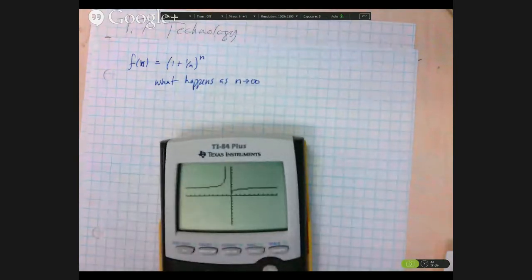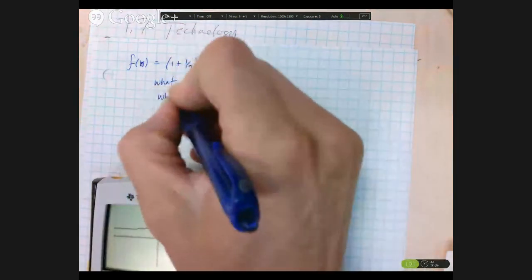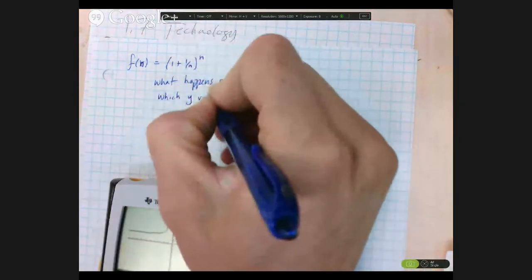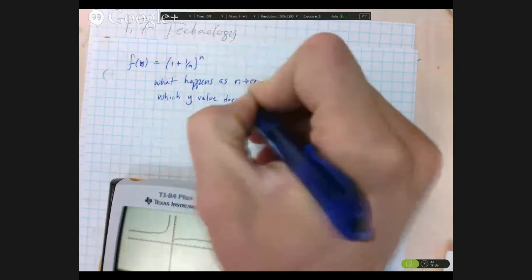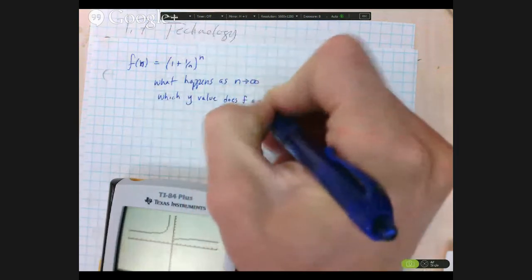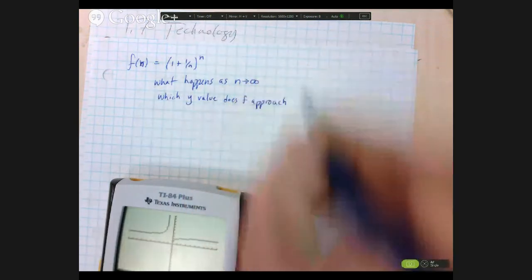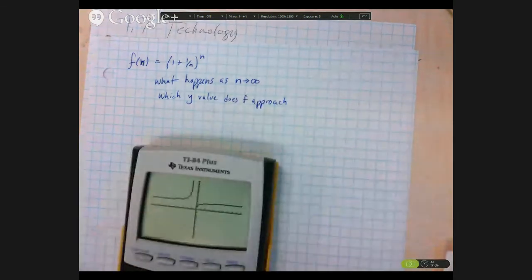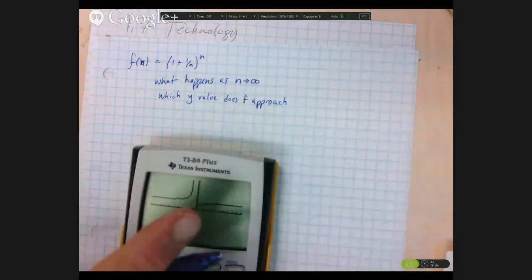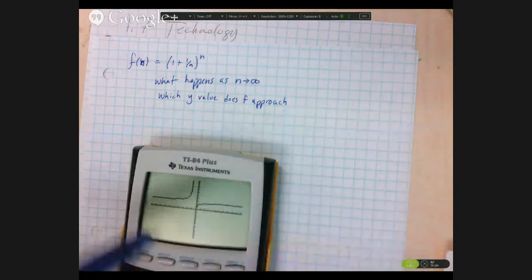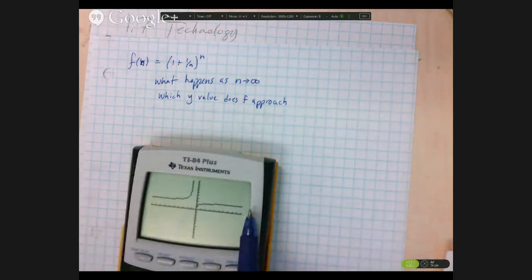What does it approach? It approaches like 1. Approaches 0, right? No, see, we're going that direction, towards infinity. What y value does it approach?